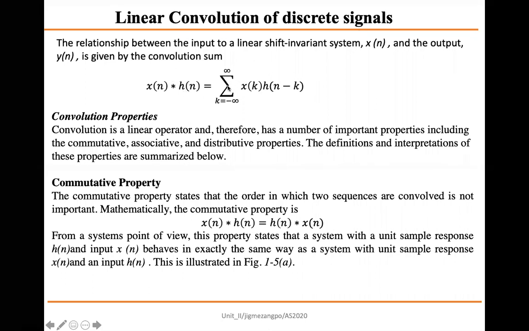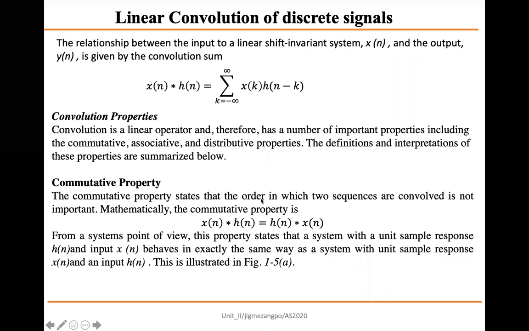Convolution properties. Convolution is a linear operator and therefore has a number of important properties, including commutative, associative, and distributive properties. The definition and interpretation of these properties are summarized below. First, the commutative property.